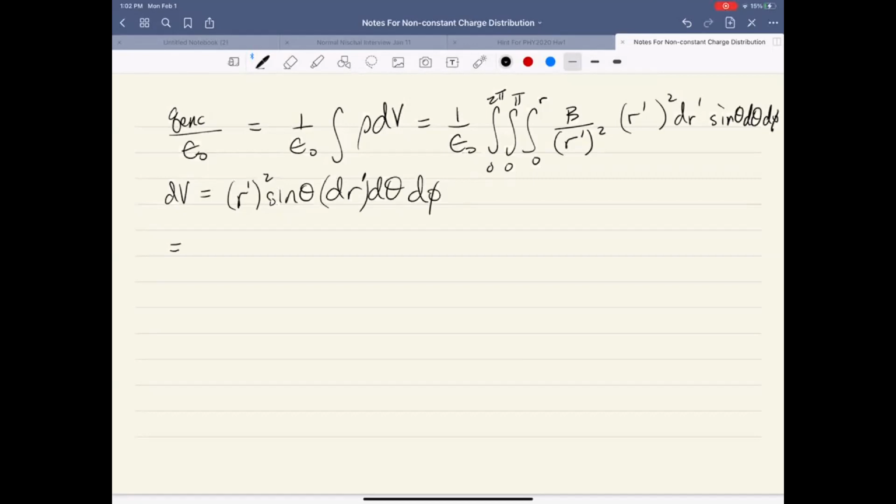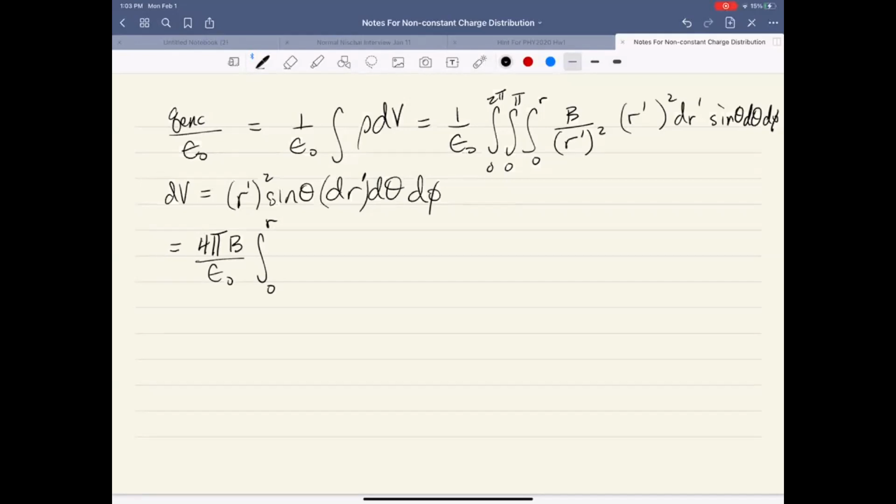So let me pull everything out front that's a constant. b is a constant, so I'm going to have 4 pi from my angular limits there. b is a constant and epsilon naught is a constant. Now all I'm left with is my integral for the radius. So I've got 0 to r, and then 1 over r prime squared times r prime squared, and the r primes cancel out, top and bottom.